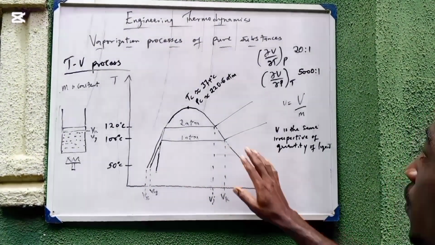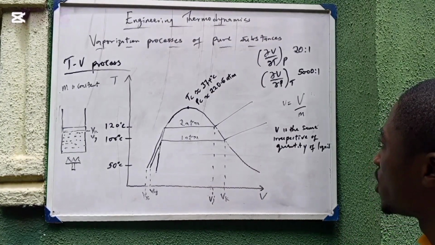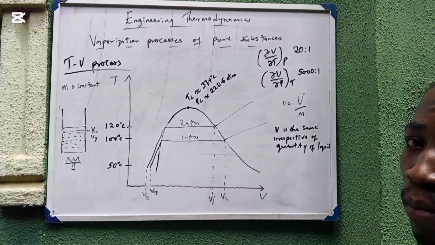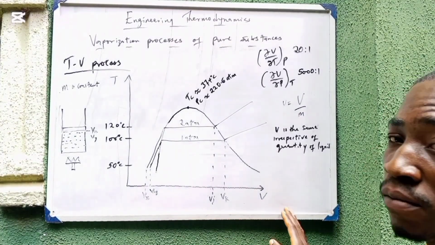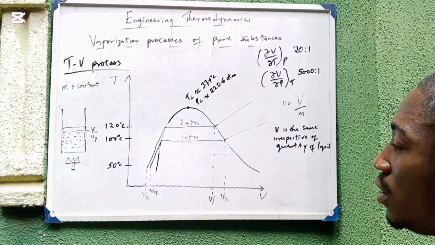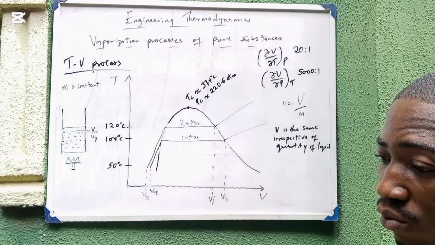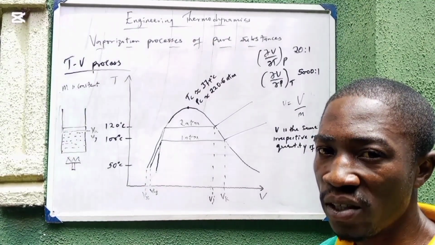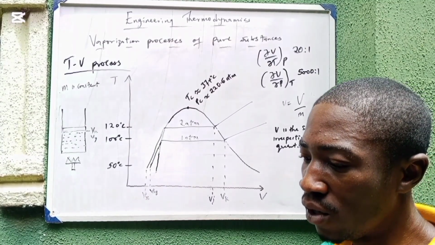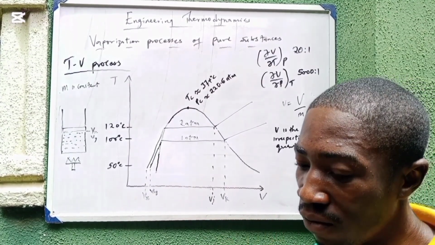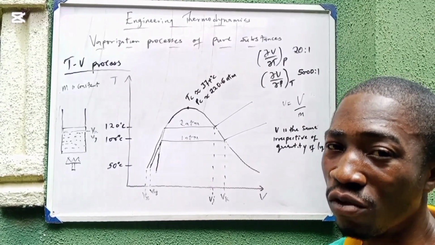So that's it. Then I also want to explain why we need to use specific volume instead of normal volume for our graph. You also notice that on the property table, that's what you find. You don't find volume, rather you find specific volume. Why we work with specific volume instead of volume is because if we are working with volume, we need to know the value for different amounts of water.